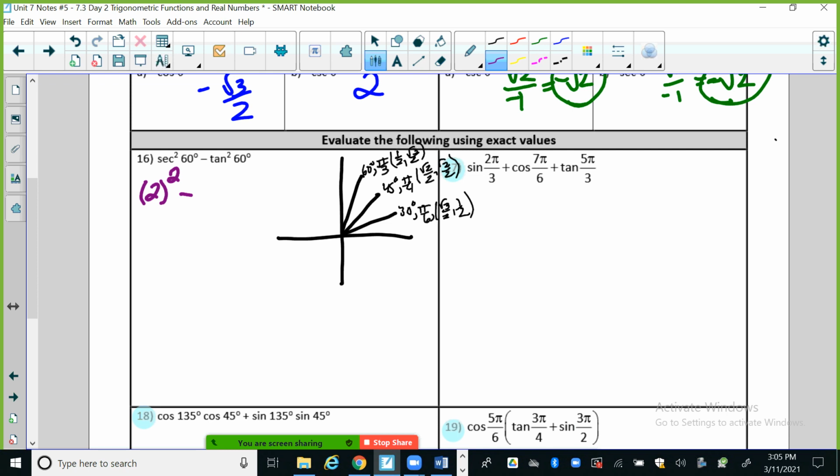So square root of 3. And then we're squaring that. So we have 4 minus 3, which is 1.